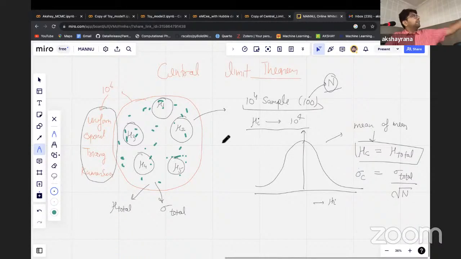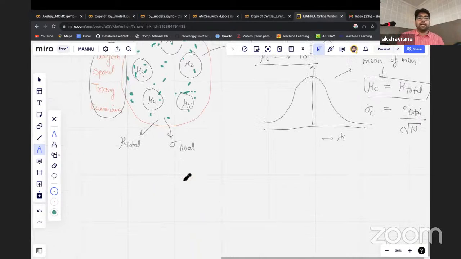No, see, if I'm understanding it correctly, you are asking why this total error is going as under root n? For the whole sample, how will you calculate the error, sigma total?